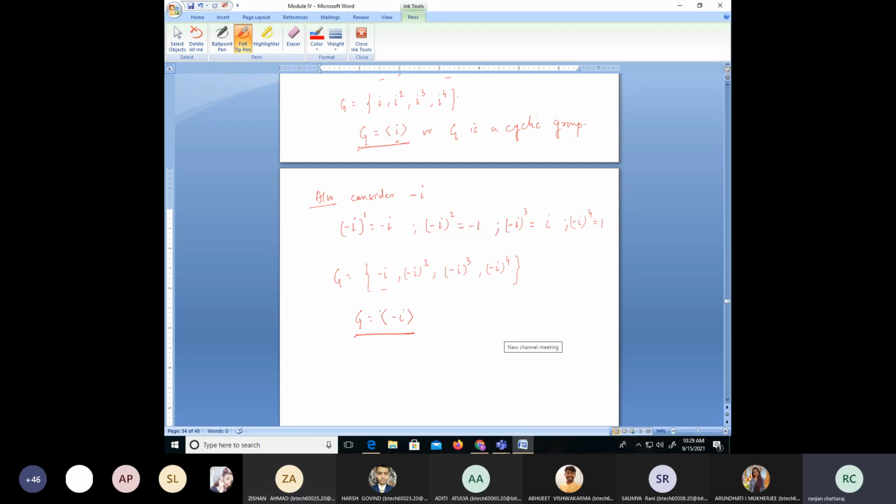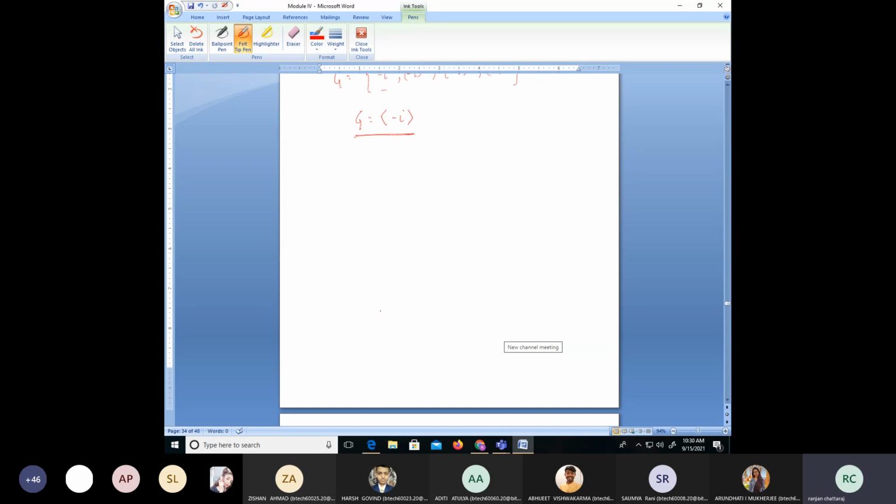Yes, sir. Now I think you can solve other problems also. So I will give you some examples, try this one. Suppose Z is the set of integers, and star is ordinary addition.